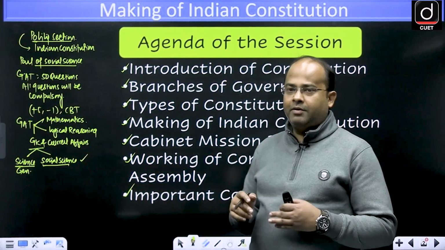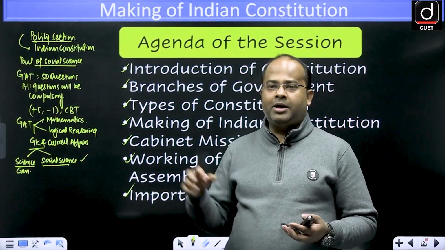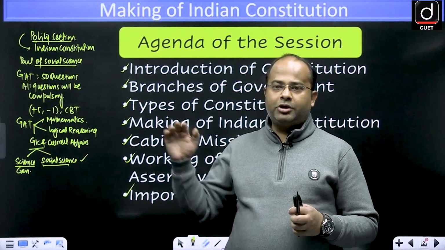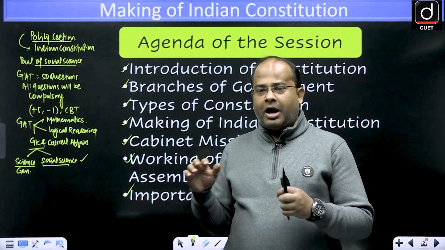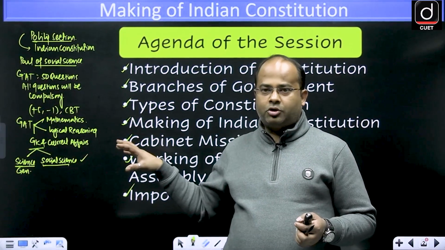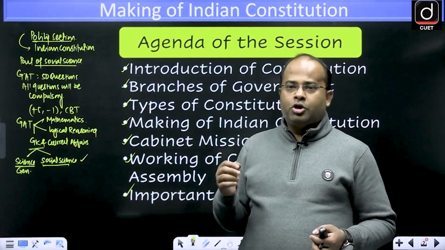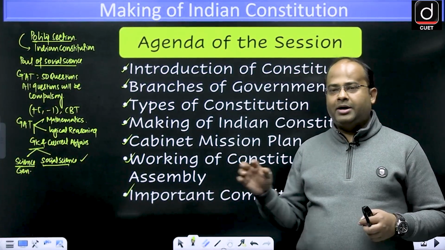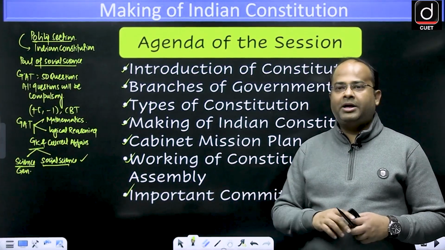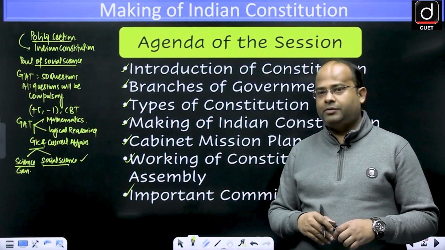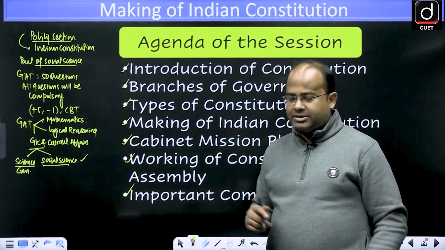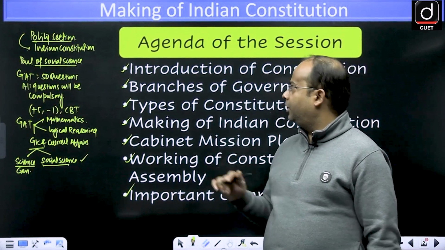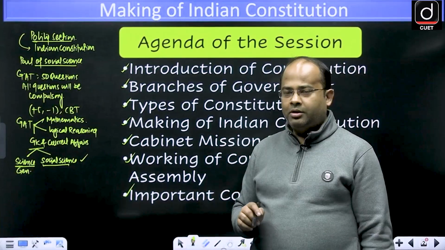And after that we will do a quick revision of the topic, in which I will be discussing with you question answers. I will be discussing the whole topic in the form of MCQs, so that you have a clear-cut understanding of the topic and you understand what type of question is being asked and what the difficulty level of the questions is. So let's start the session, guys, and first of all I will be discussing the Constitution.